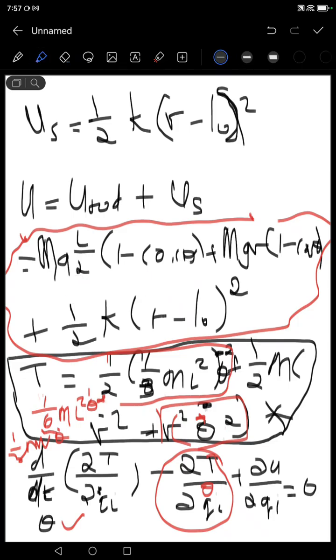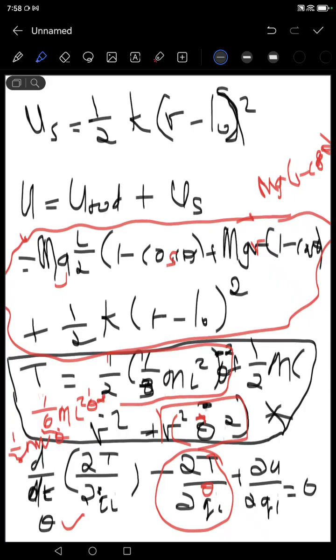On our potential, we look for r. We have the r here, so the derivative of mgr times 1 minus cos theta. We're focusing only on r, so the derivative of r is 1, so it's going to be mg times 1 minus cos theta.